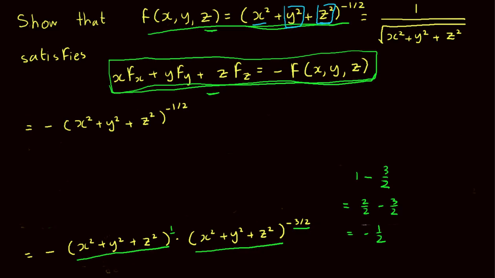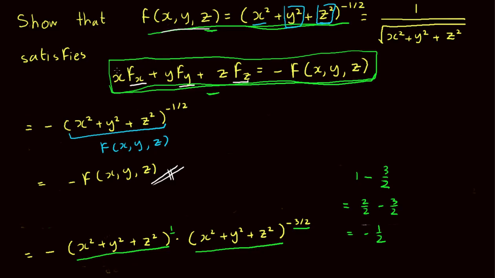And this part is our f(x, y, z). So we've already managed to prove that by finding the partial derivatives fx, fy, and fz from this particular equation, and then multiplying with x, y, and z respectively.